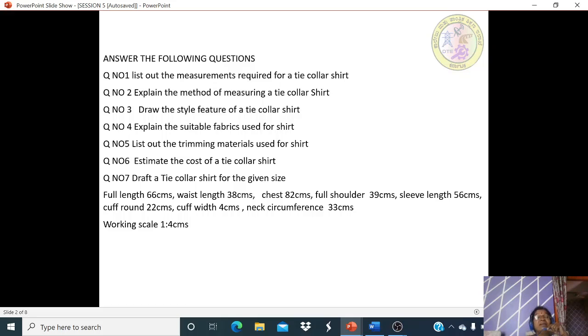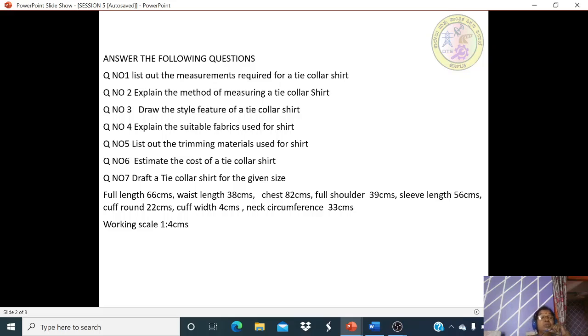Question number 2. It is about explaining the method of measuring a tie collar shirt. Question number 1 tells you to identify the measurements.